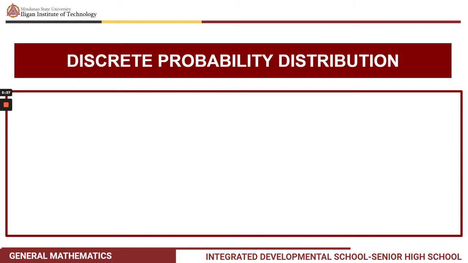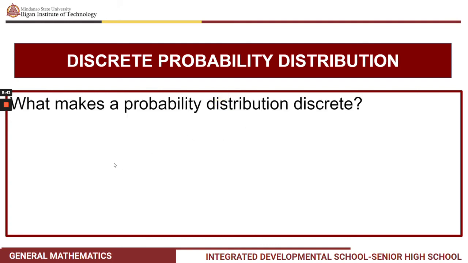However, mas makukuha natin yung purpose talaga ng probability distribution if makuha natin yung idea ni discrete probability distribution. So, paano ba magiging discrete yung probability distribution?